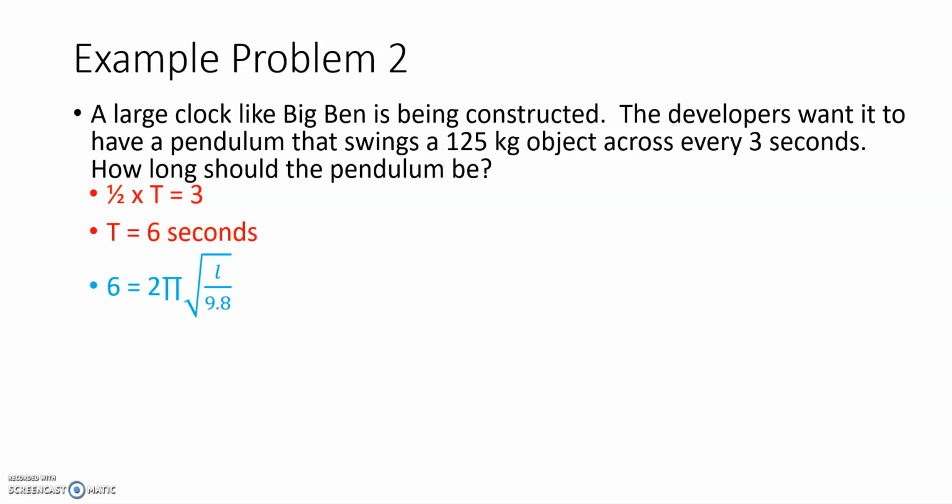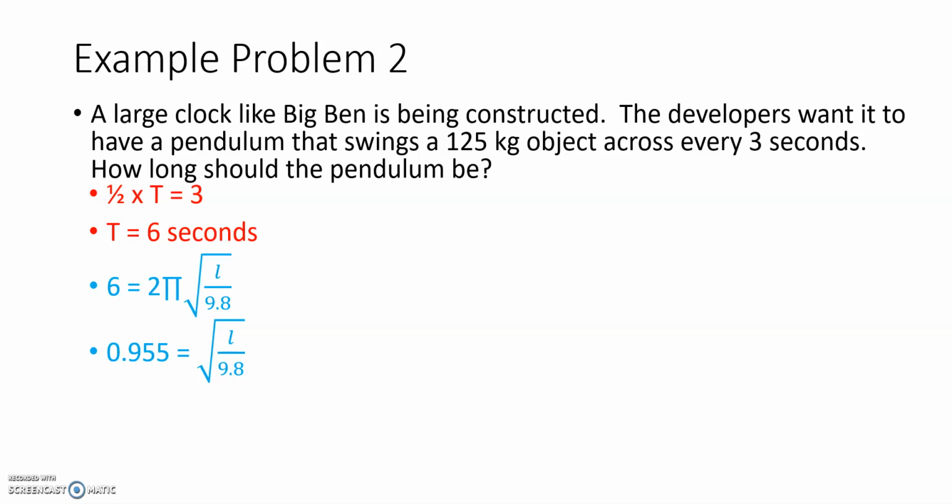Now that we have our equation set up, it's just a matter of solving it. I'll walk through the steps on this one, since we do have a square root here, so make sure everyone remembers how to get rid of a square root. First, we divide 6 by 2 pi, and we get 0.955. The right side of the equation remains the same, except we move 2 pi over.